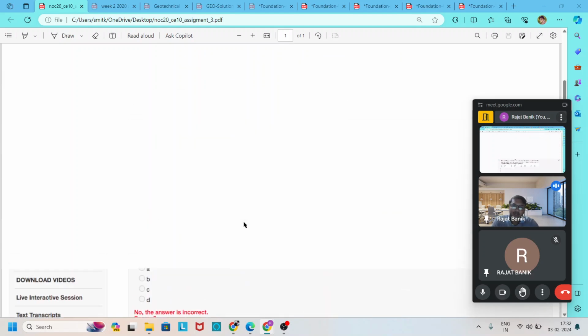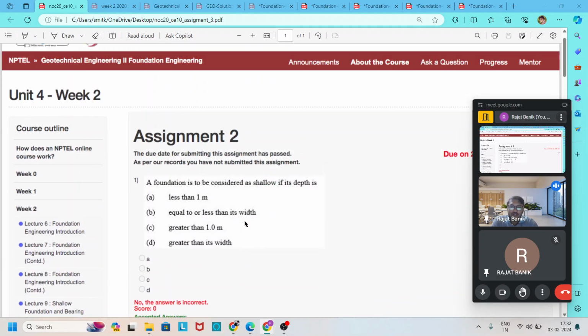These problems are very easy, and we try to solve them one by one. Then, if time permits, we also try to solve the 2023 assignment problems. If there is no time remaining, then I will share it on my Google Drive.